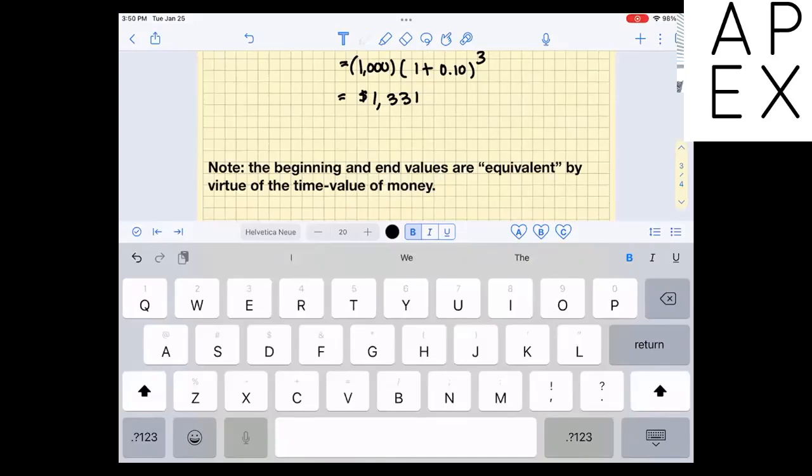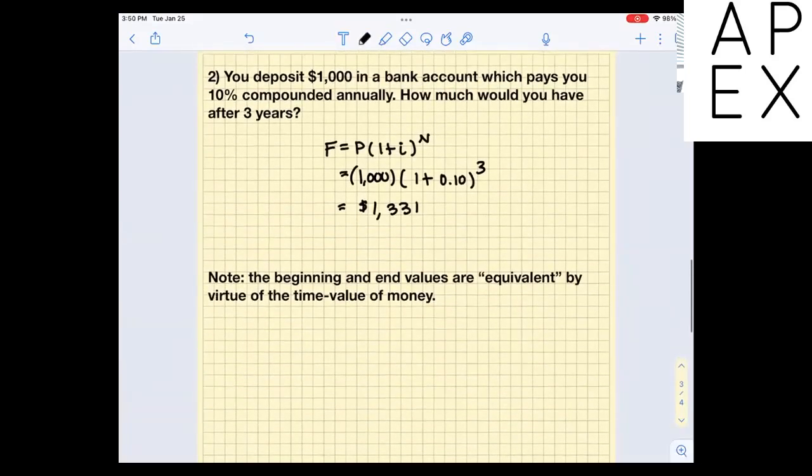So what I mean by that is if someone offered you $1,000 today, or they offered you 1,331 in 3 years, you should be indifferent. You should not care either way because they're equivalent. They're worth the same by virtue of time value of money.